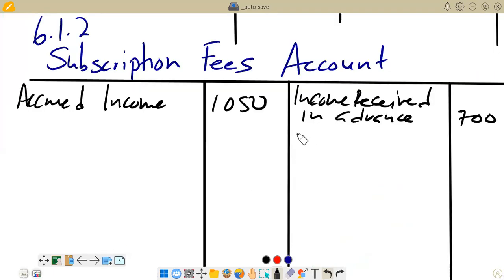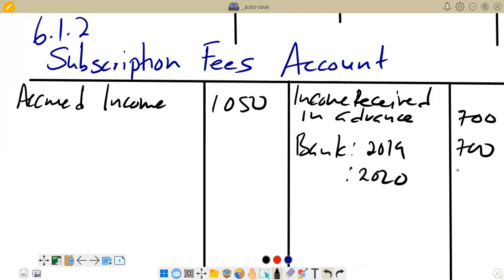On the credit here, we say bank, and for 2019 we have 700, for 2020 we have 4,550, and for 2021 we have 2,100.